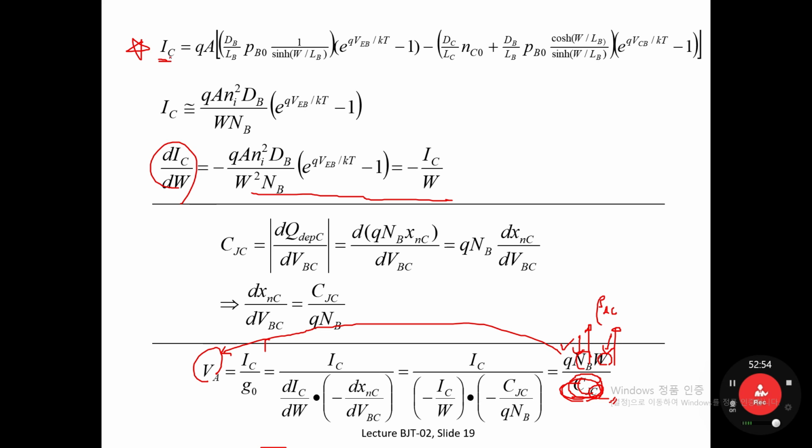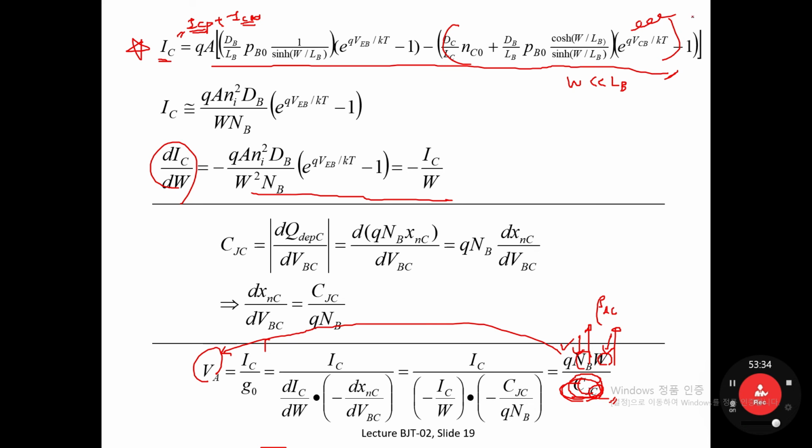In the previous study, we derived the full equation for collector current, ICP plus ICN. So we developed each current component for the collector current, and we ended up with this long equation. Since this BJT is working in active mode, the second term can be ignored. Why is that? Your W is much shorter than the minority carrier diffusion length, so this second term can be ignored.